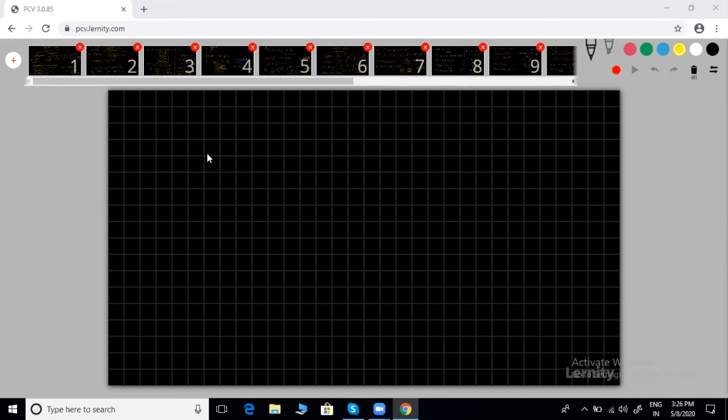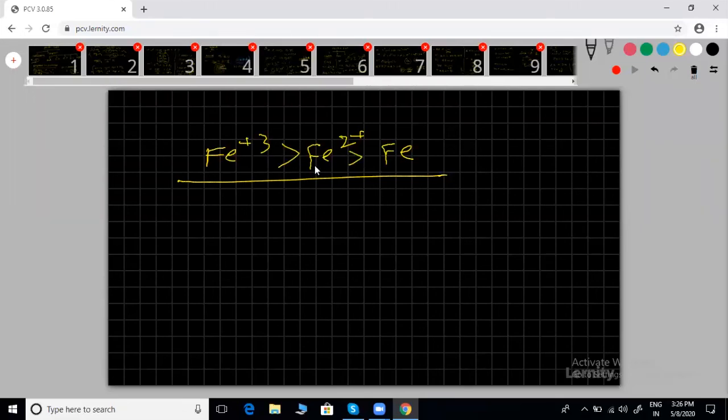And suppose I am asking here Fe3+, Fe2+, Fe, which one has more electronegative character? The one with the small size has more Z effect, so it has more electronegative character also. So down the group electronegativity decreases, across the period electronegativity increases.